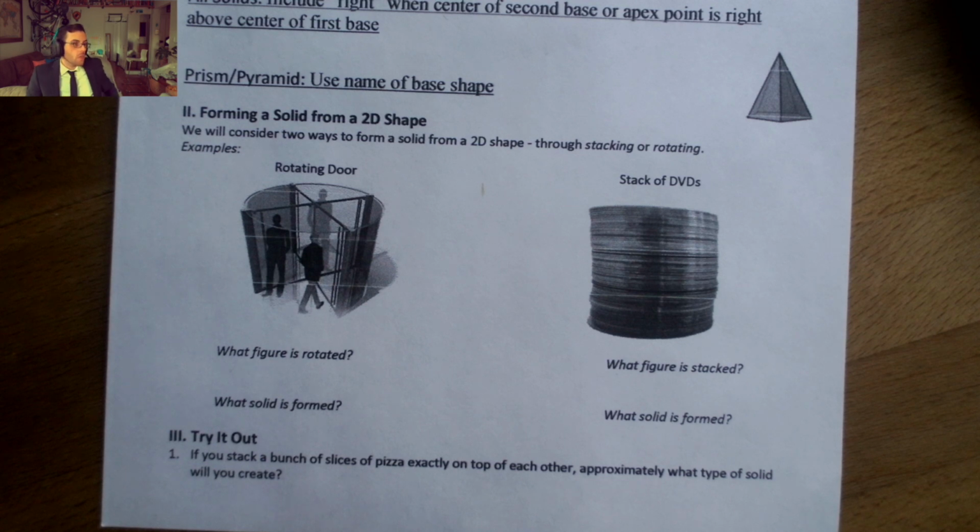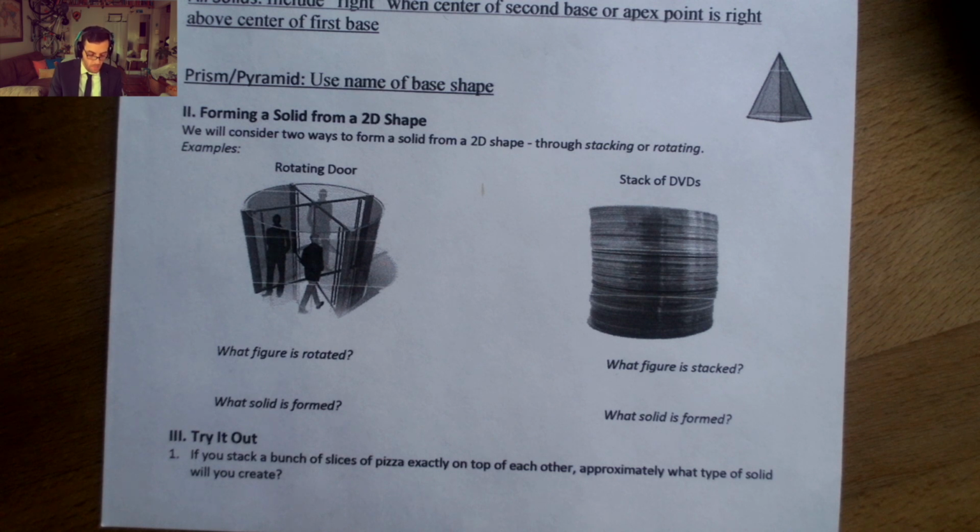Okay, so there's a couple different ways that we go about describing the transformation of two-dimensional figures into a three-dimensional figure. Some of the ways that we can go ahead and do this is with what we would say is stacking versus rotating.